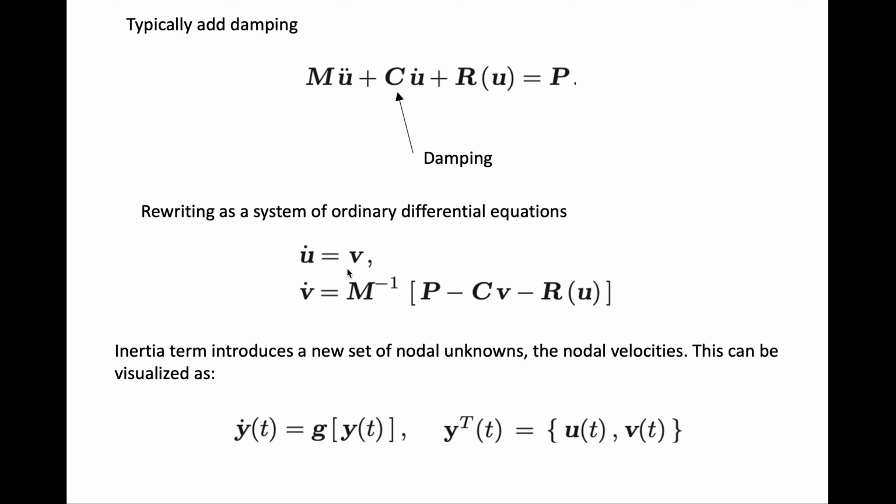And there's ways to integrate this system of ordinary differential equations, and you have probably done something like this in the past, where you can use different discretization schemes to move this over in time. So again, you can see now you have some unknowns, the displacements and velocities.